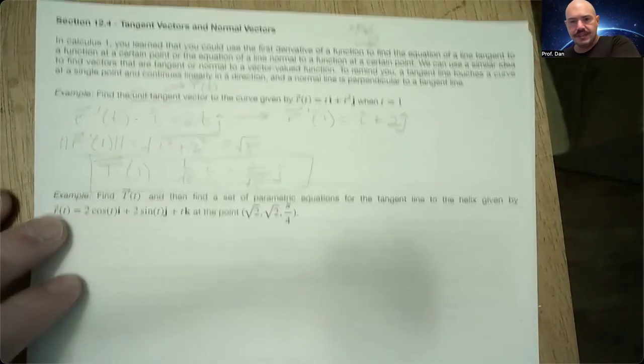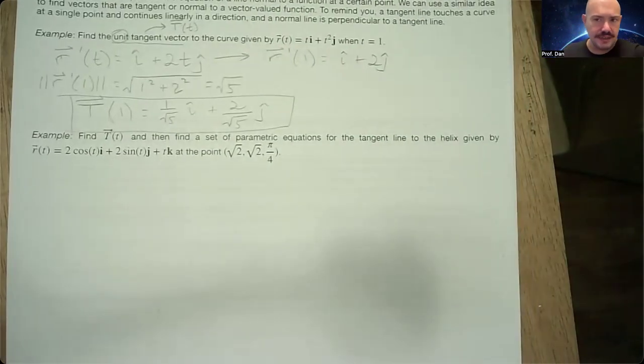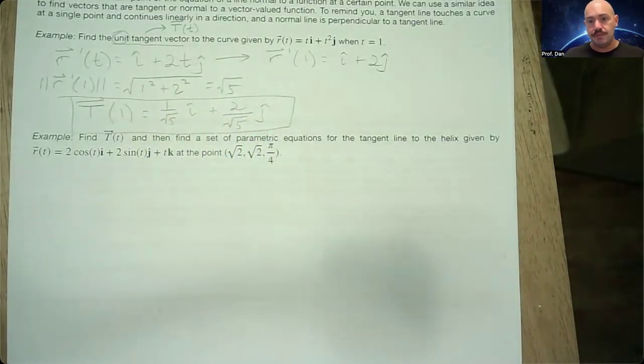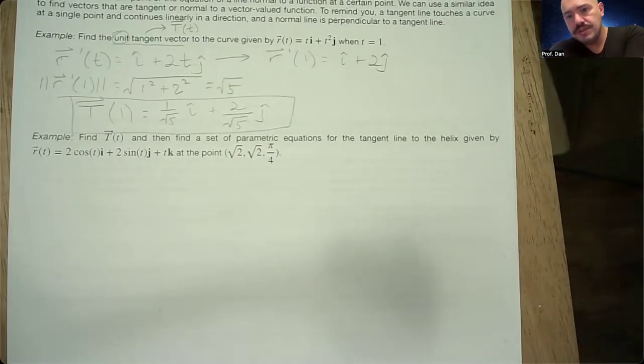So looking at the next example, we can actually take this unit tangent vector that we get and use it to write parametric equations for the tangent line. Because remember, when we go to three-dimensional space, we don't just write y equals mx plus b. We have an equation for x, an equation for y, an equation for z, right?